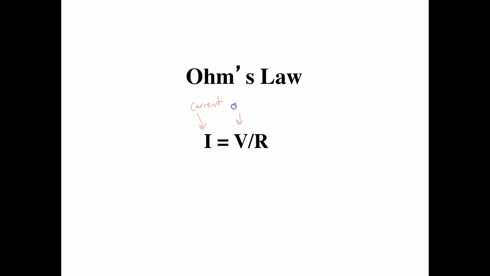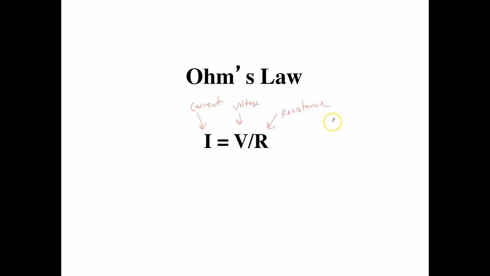V is voltage, and R represents resistance. And just from a basic standpoint, if you can understand current and voltage and resistance, then you can really understand how the nervous system is operating, because the nervous system has to obey the properties of Ohm's Law.